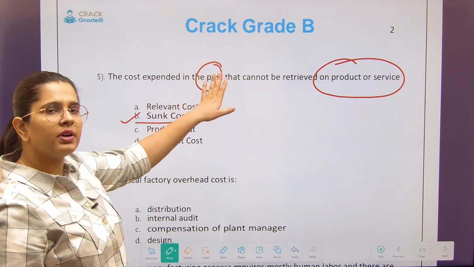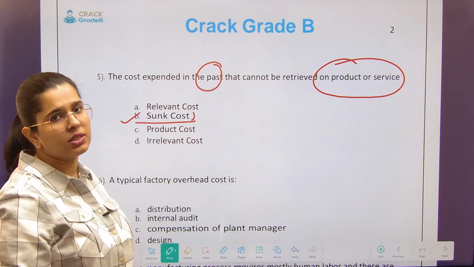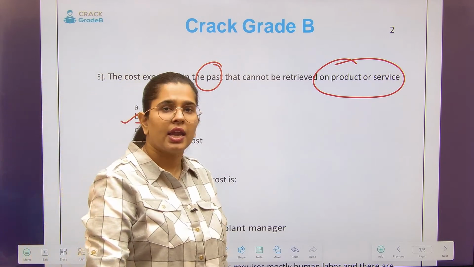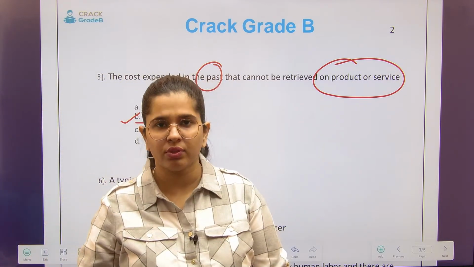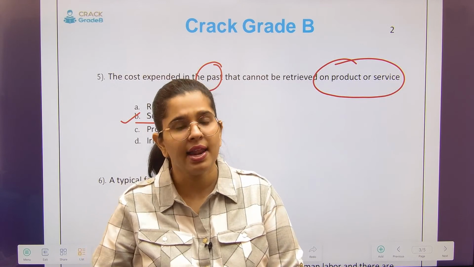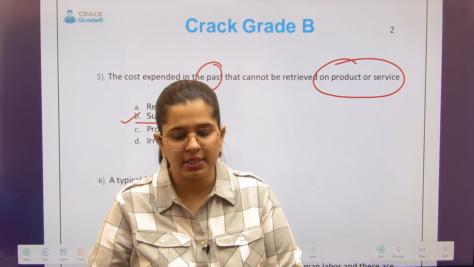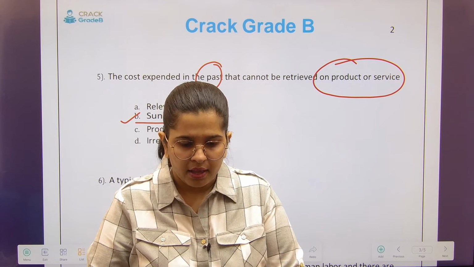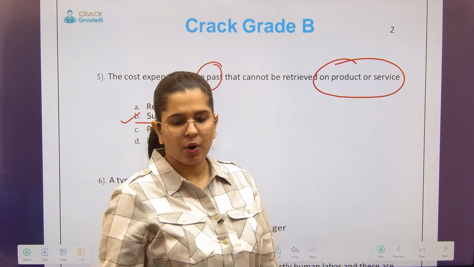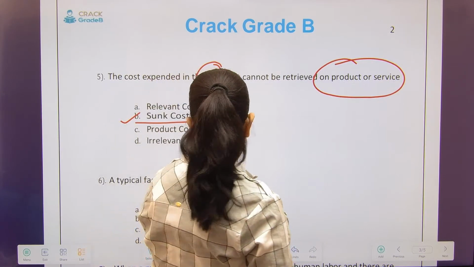So whenever the word past comes, that means sunk cost, meaning it no longer has any value, the cost has already been incurred and it is irrelevant for decision making. So that's why the correct option is sunk cost.